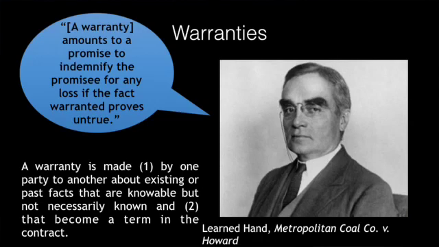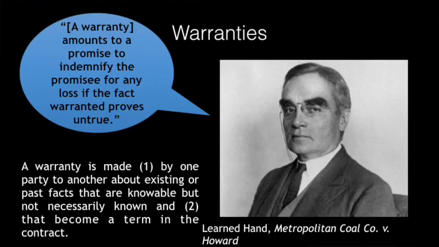For obviously the promisor cannot control what is already in the past. In other words, if a representation proves false, the party who made it has breached his or her warranty that all representations of fact are true.